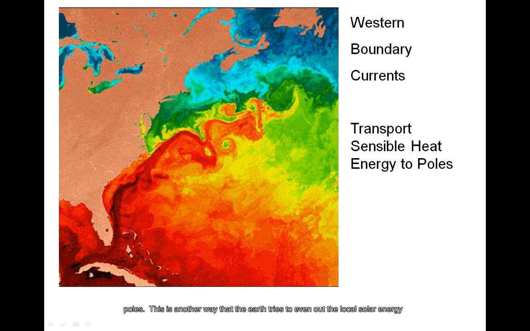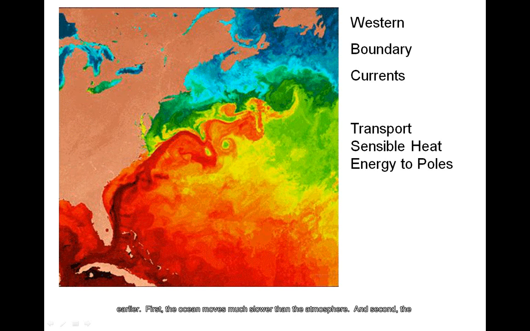Now, this is another way that the Earth tries to even out the local solar energy imbalance and move the excess heat energy from the tropics towards the poles. But these ocean currents don't move quite as much energy as the atmosphere we learned about earlier. Okay, first off, the ocean moves much slower than the atmosphere.